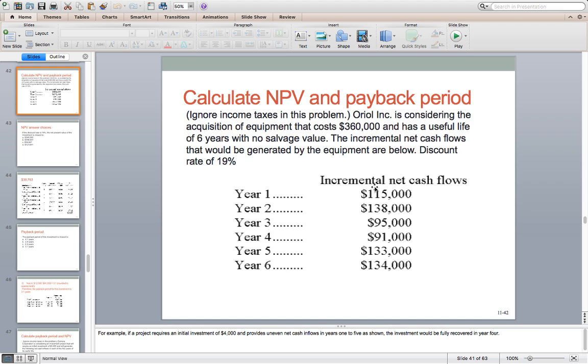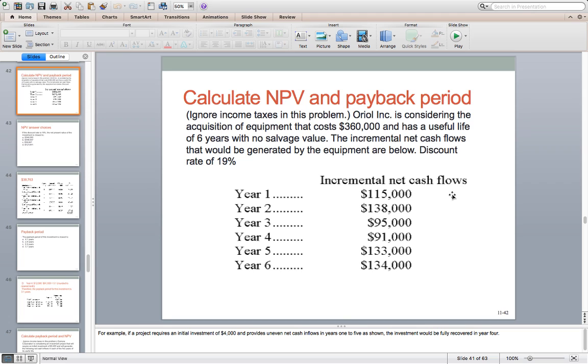So it's kind of hard to show you right now, but I can just tell you 360,000. So you would minus 115,000 from that, and I get 245,000. So I did not recover my investment. So my payback period is going to be greater than 1 year because I still have 245,000 to recover, right?